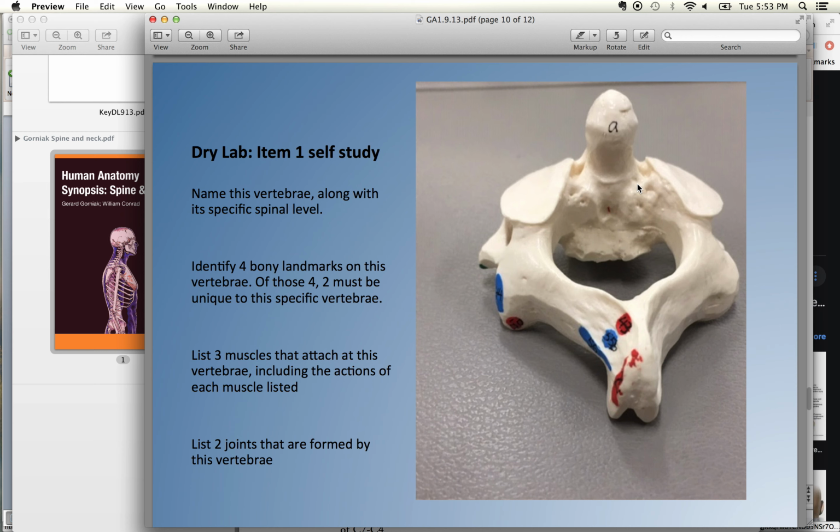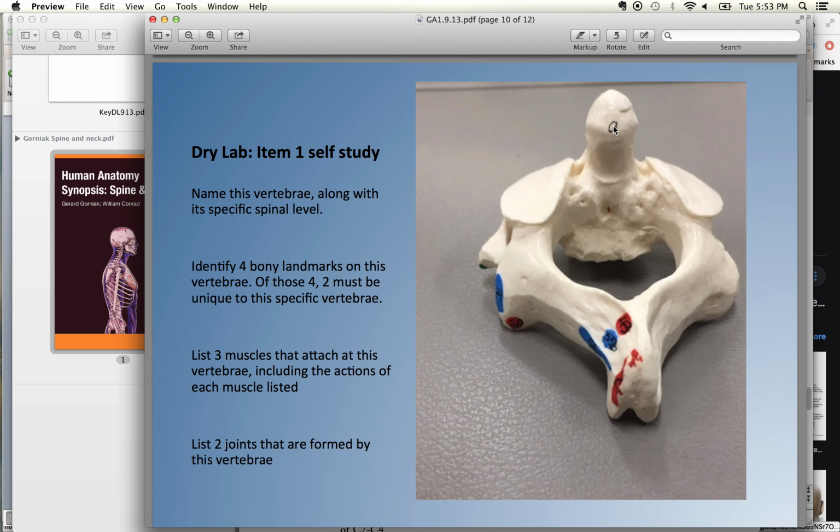Now, when we talk about atlantoaxial joint, there's 3 parts to that. We have the median and the lateral atlantoaxial joints. The lateral atlantoaxial joints are what we're going to refer to as atlantoaxial, because in your dry lab manual, we have what's called the anterior odontoid joint, where the odontoid meets with the posterior aspect of the anterior arch of the atlas.